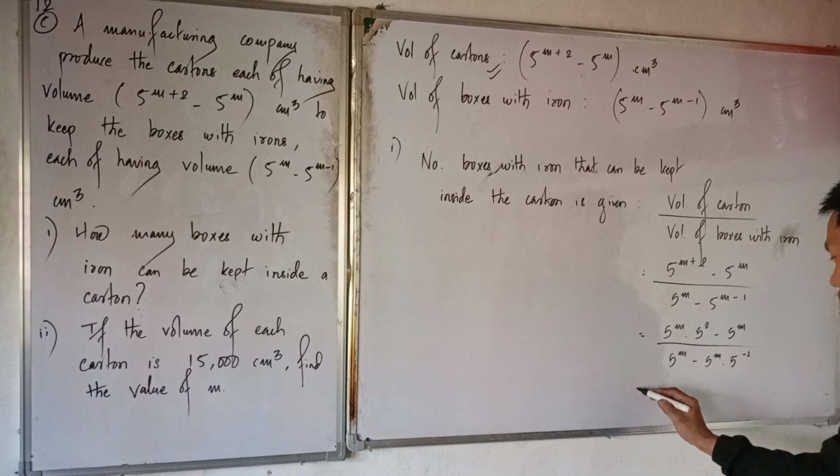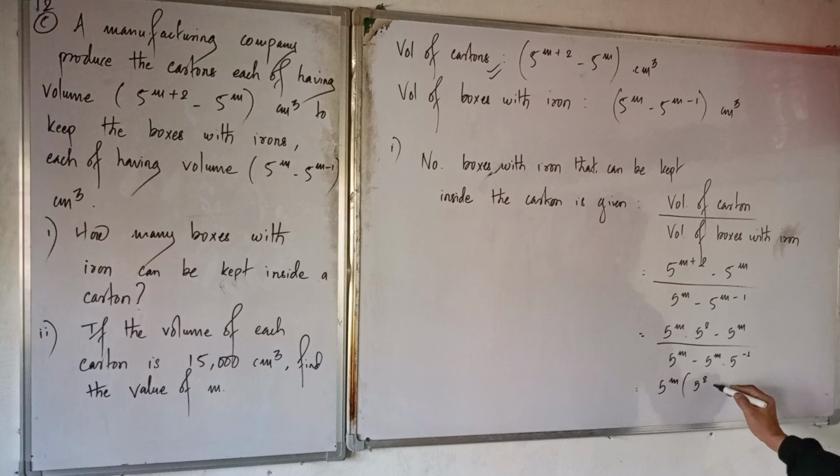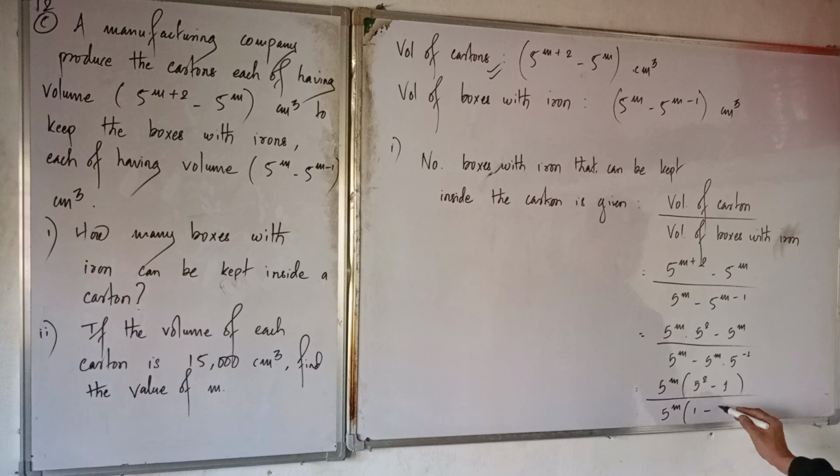Try to take 5 power m common here. Then there will be 5 square minus 1, whole divided by 5 power m inside the bracket, 1 minus 5 power minus 1.